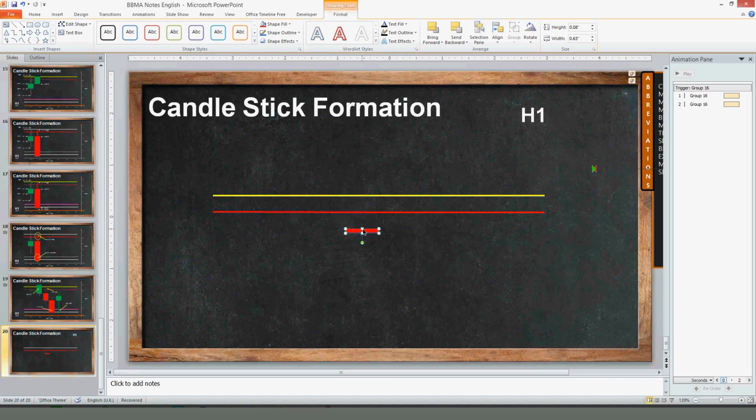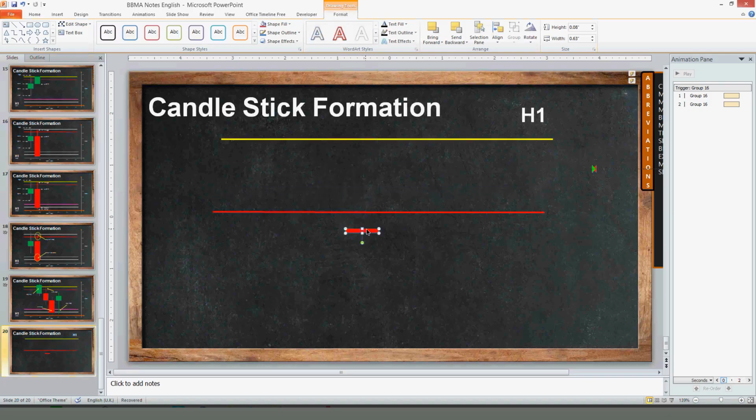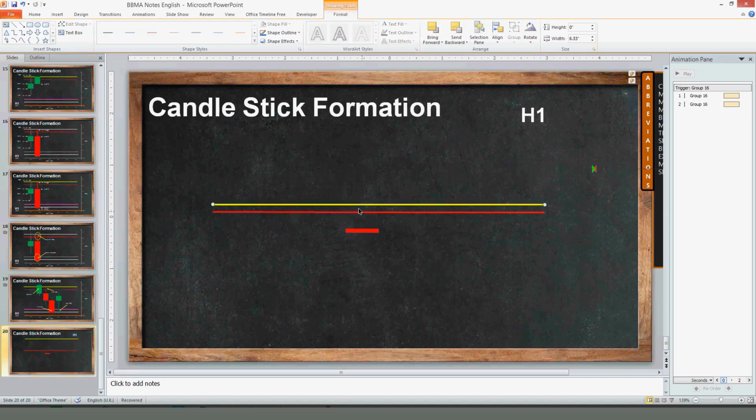In order for it to go up, we have two moving averages available on the top, MAHI 5 and 10. If there's only one line, let's say only MAHI 5, then it's much easier for a candle to break through. If you have two lines over here, then it's a much harder task for a candle to break through.